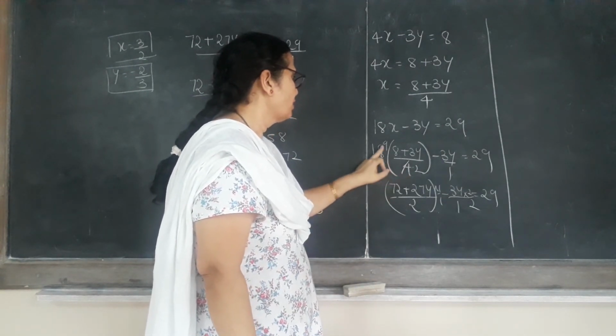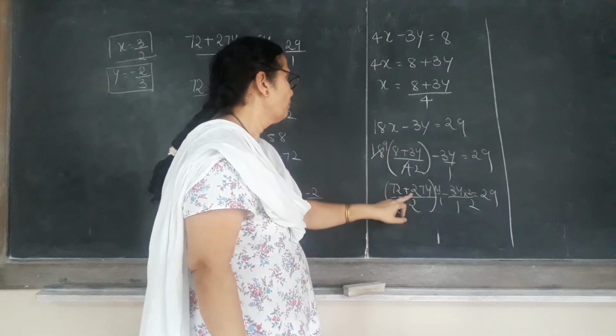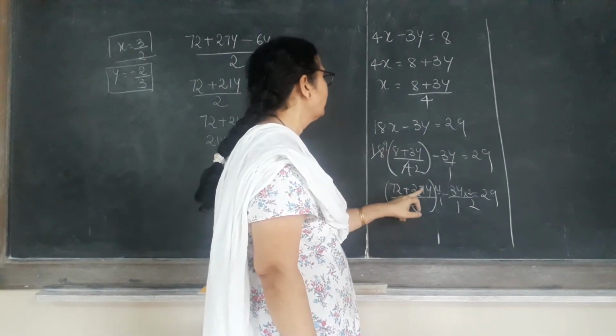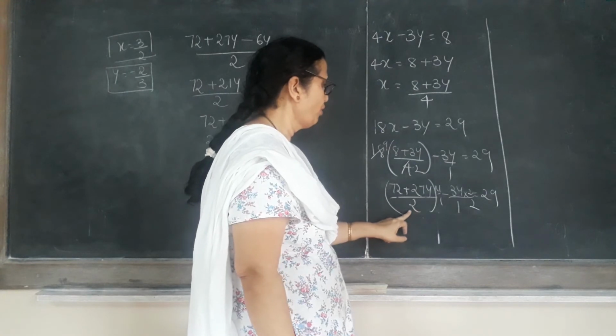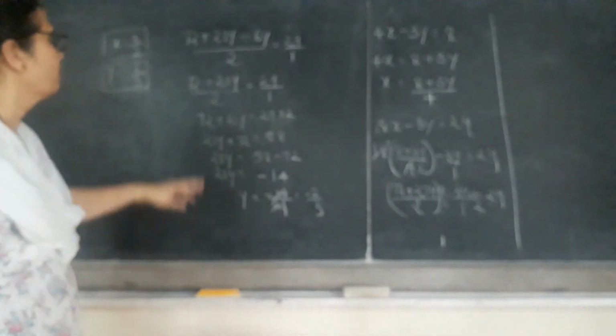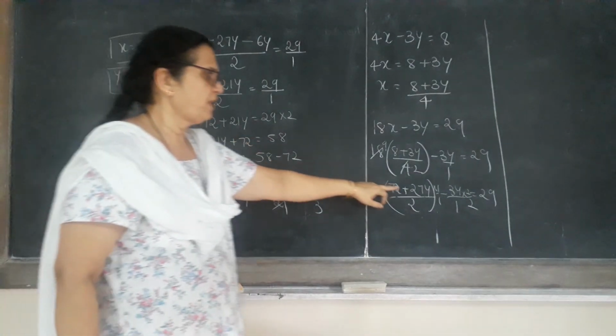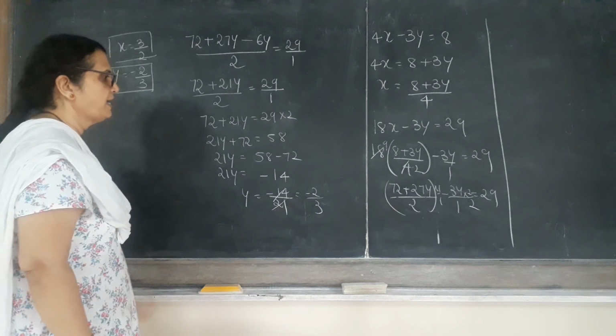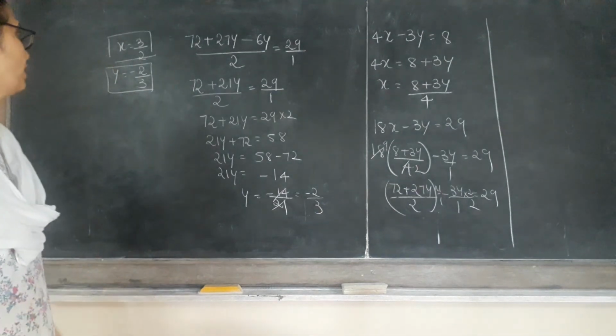So 2 2s are 2, 9s are 9 into 8 plus 3y. 9 8s are 72 plus 9 3s are 27y upon 2 minus 3y is 29. LCM of 2 and 1 is 2. It should be multiplied by 1 time. It should be multiplied by 2 times. We get y is minus 2 upon 3.